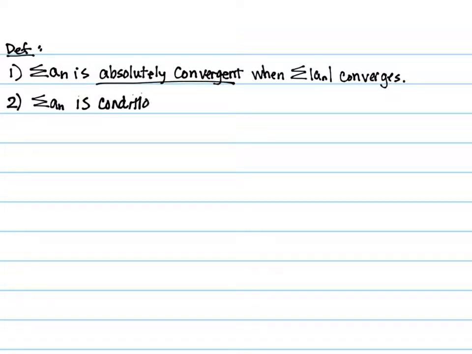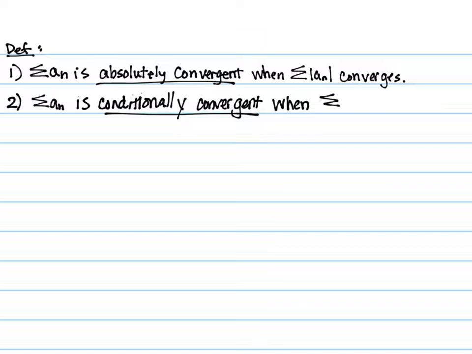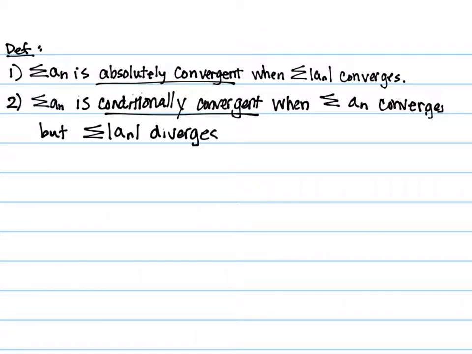Conditionally convergent when the summation of a sub n converges, but the summation of the absolute value of a sub n diverges. And I can give you a really quick example that we've already encountered of one that works like this.